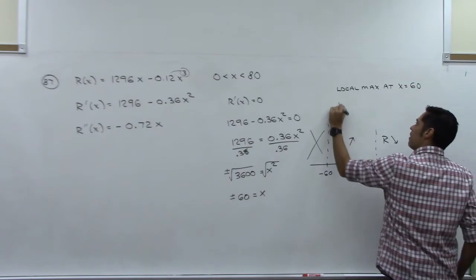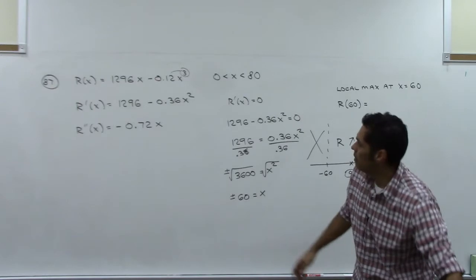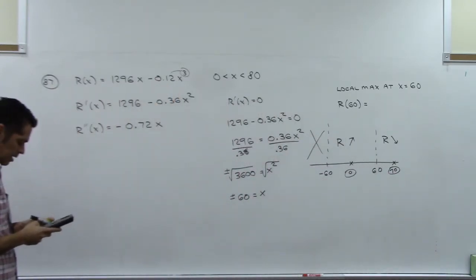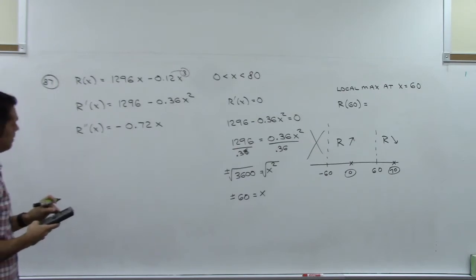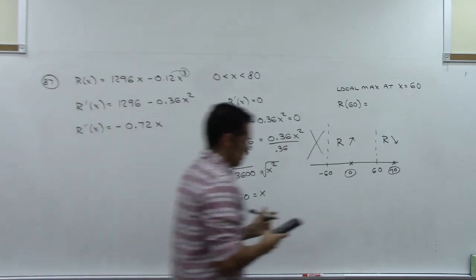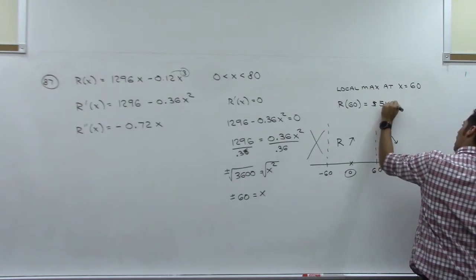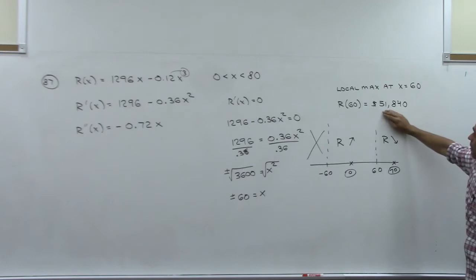And that means if I take my original revenue function and plug 60 into it, I'm going to figure out what that maximum revenue was. 1296 times 60 minus 0.12 times 60 cubed. Make sure I type that in all right. It's 51,840. So I am going to have a maximum revenue of $51,840, and it happens when x is 60.